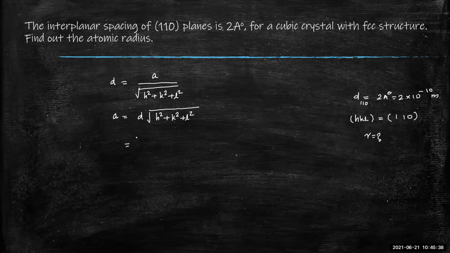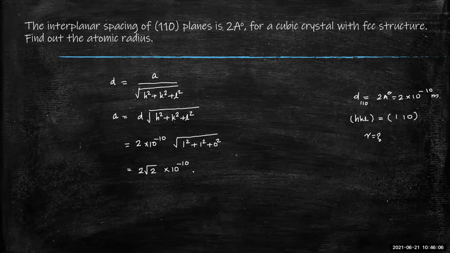So here D is equal to 2 into 10 raised to minus 10 into root of 1 square plus 1 square plus 0 square. This will give root 2. Then 2 root 2 into 10 raised to minus 10. We know that for FCC structure, A is equal to 2 root 2 R.